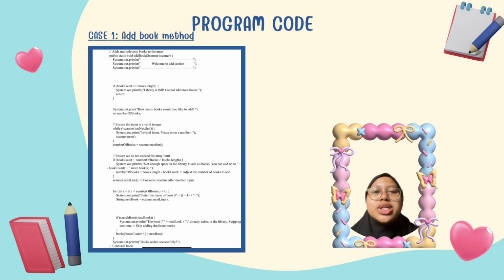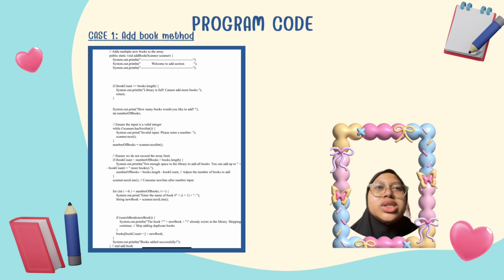Okay, next I will explain about case 1, which is the addBook method. This code allows the user to add books to a library system while ensuring smooth operation. First, it checks if the library is full and stops if no space is left. Then it asks the user how many books they want to add and ensures the input is valid, which we can do with a loop and if statement.